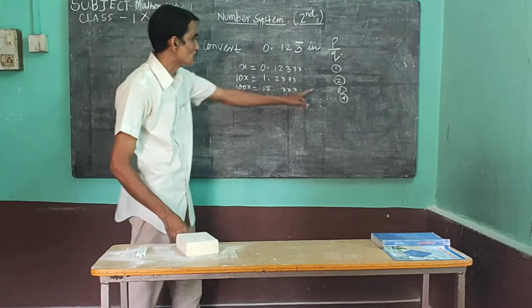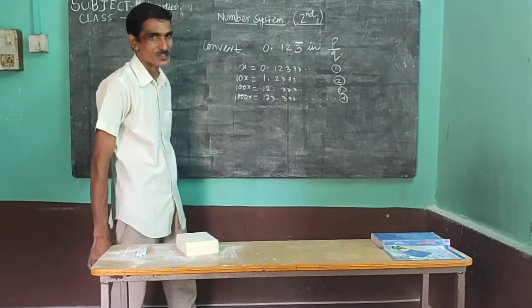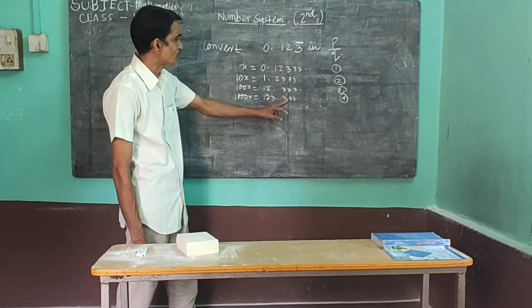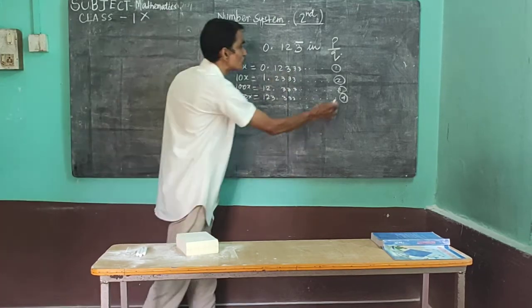Because in equation 3 and equation 4, after the decimal they are both equal. So we subtract them.